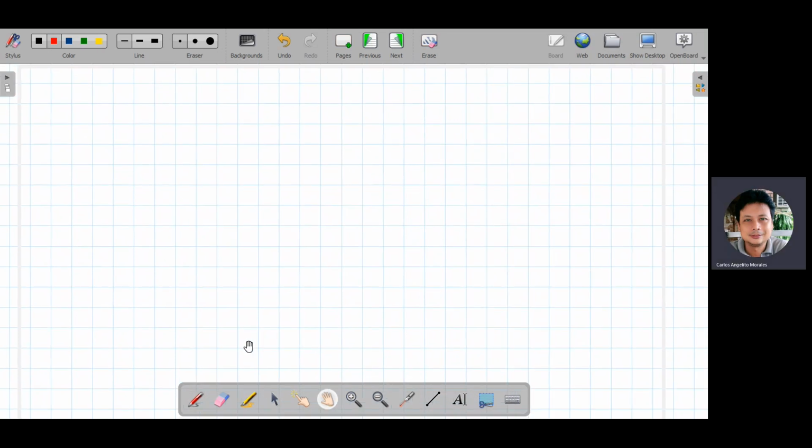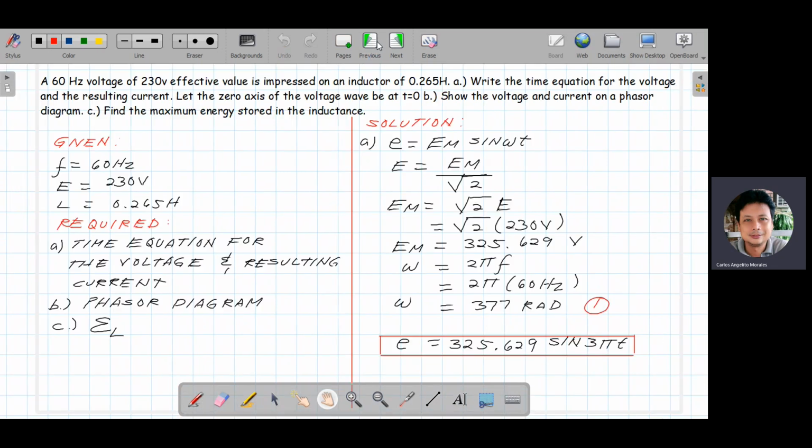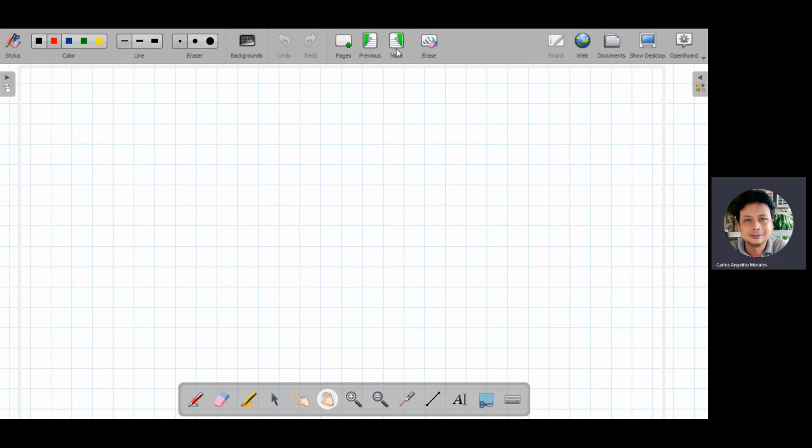Yung current naman, solve na natin kasi pati yung equation sa voltage, yung current naman.